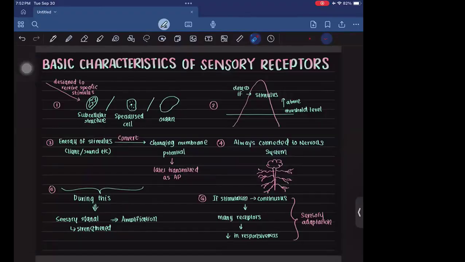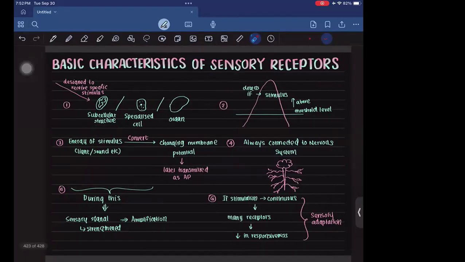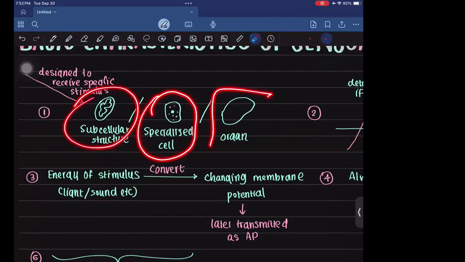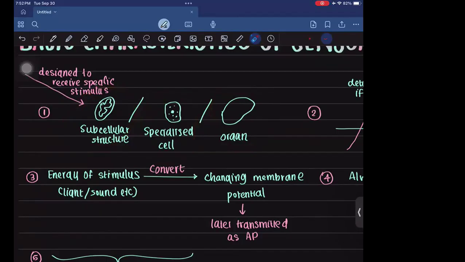So there are 6 characteristics you should know, and these are common to all the sensory receptors. The first thing is something that you already know. They can be a subcellular structure, a specialized cell, or an organ. And remember, they are designed in such a way that they will be receiving a specific stimulus.